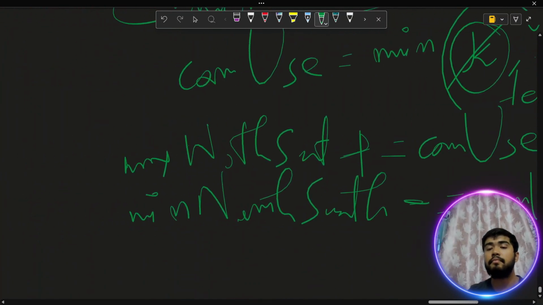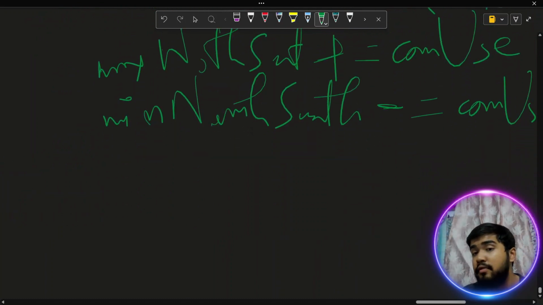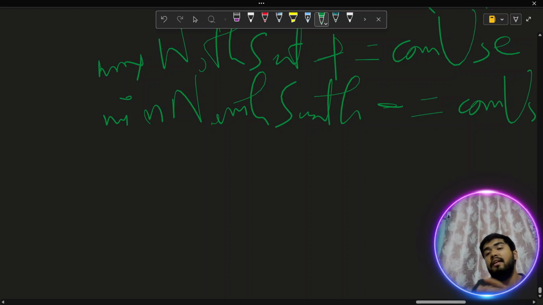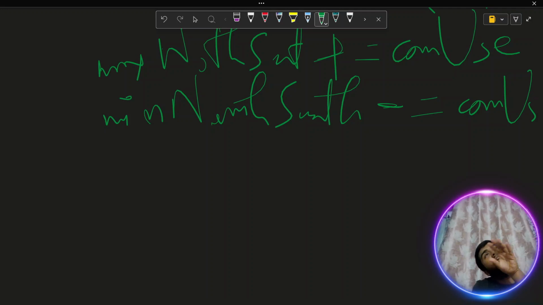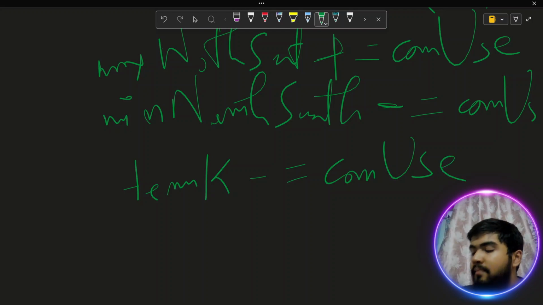And I have used my can use, and that many, either from k or from this bucket, we have converted, right? Because that is the minimum of my temp k or my minimum of north south. So that many elements we are going to toggle, and that many k's we are definitely going to consume. So I have to also do temp k minus equals can use, because that many k we are using.